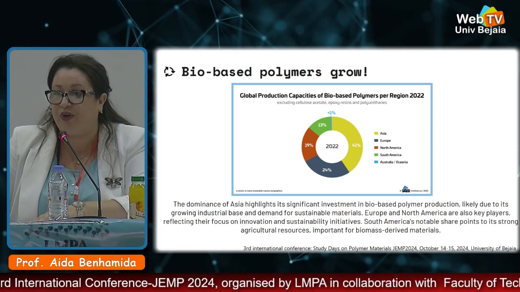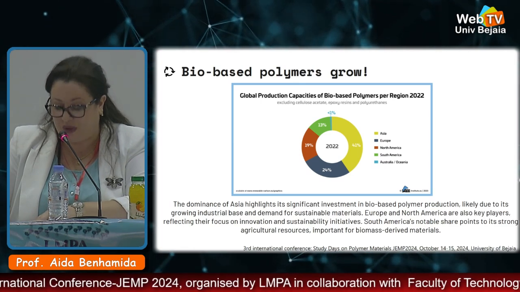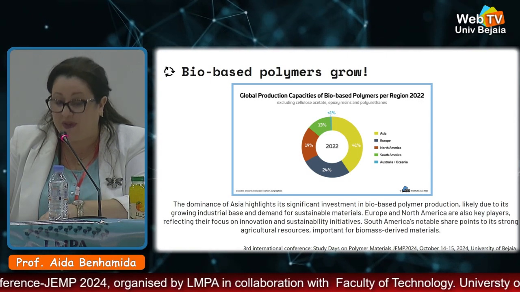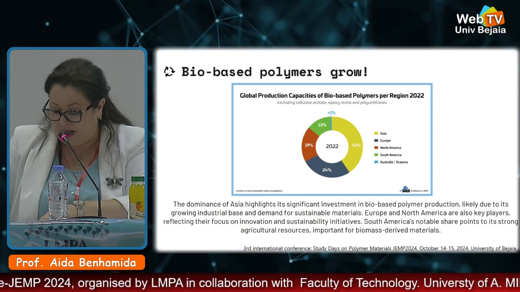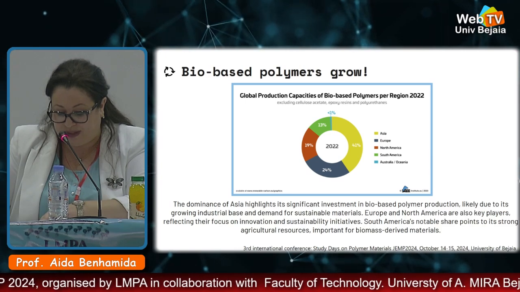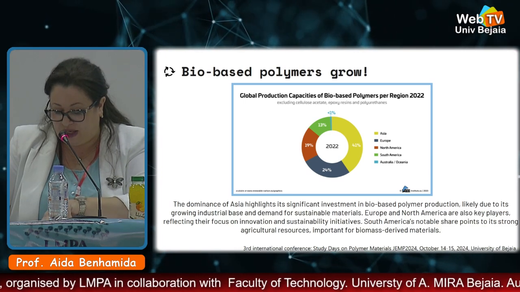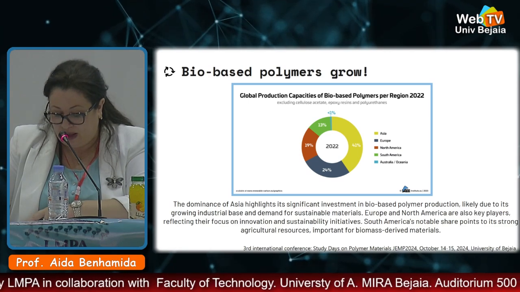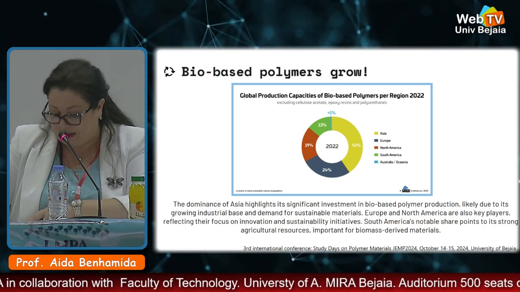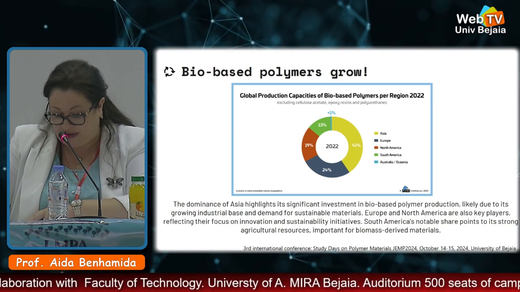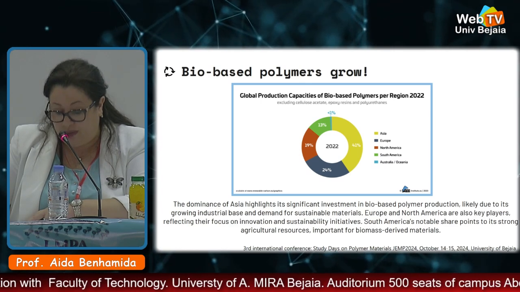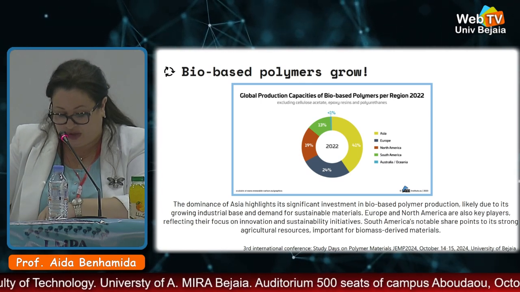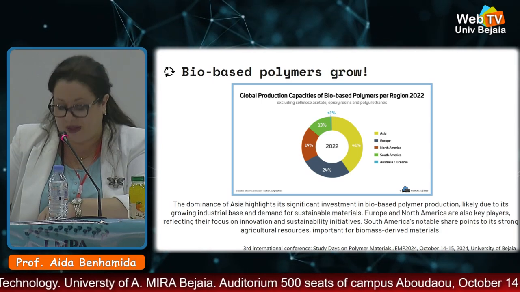Asia leads with 41% of the production, followed by Europe at 24%, North America at 90%, South America at 30%, and Australia and Oceania contributing less than 1%. We can say that the dominance of Asia highlights its significant investment in bio-based polymer production, likely due to its growing industrial base and demand for sustainable materials.